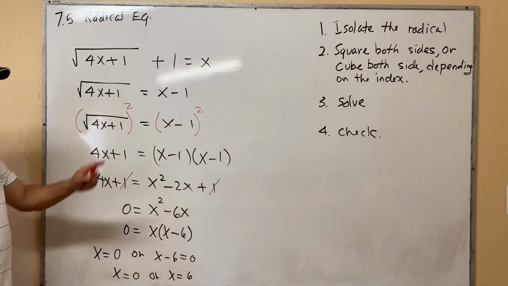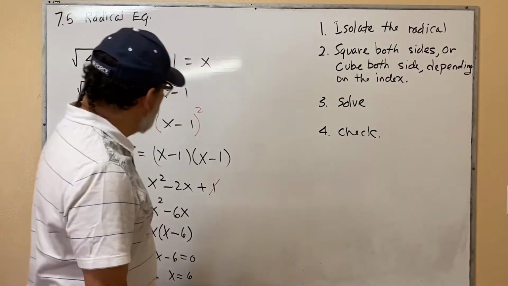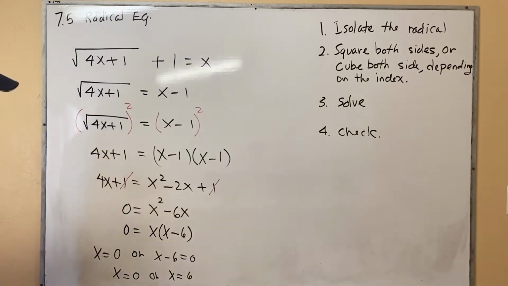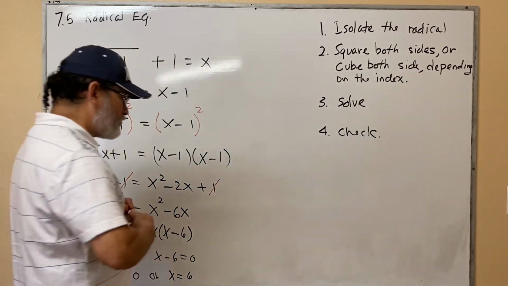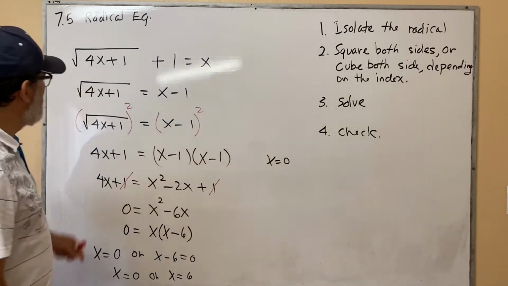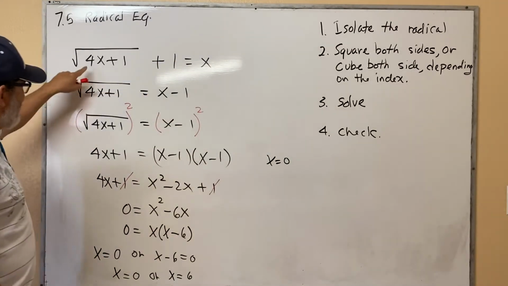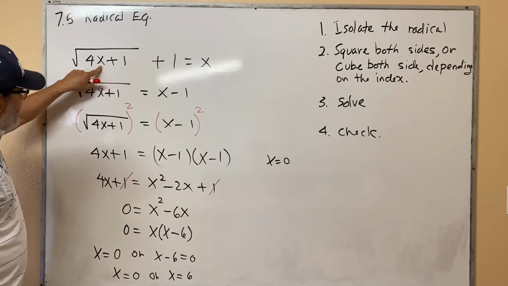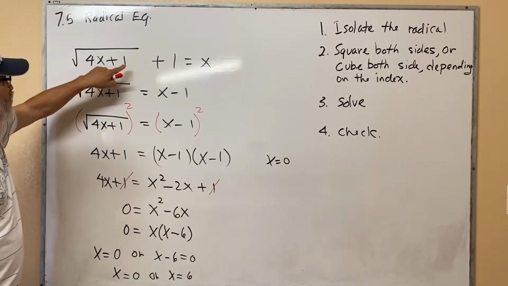Now we got to check our answer. We solved, and now we have to check our answers. Okay? Try x equals 0. Plug in 0 there and 0 there. What's 4 times 0? That's 0. What's 0 plus 1? That's 1.